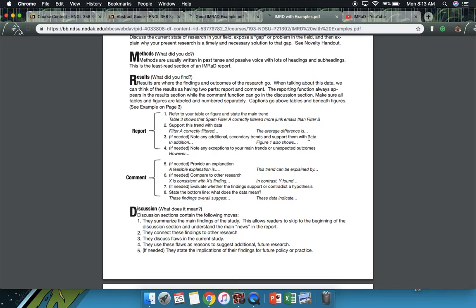So the report is where you refer to a table and report without commenting on it what exactly you got, right? So support that trend with the data, yeah? The main trend of the data, you want to make sure that you're bringing that out in the data in the report section.